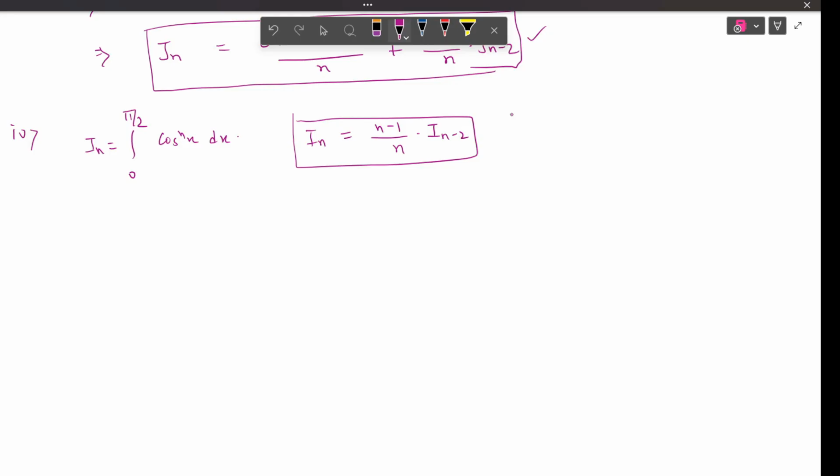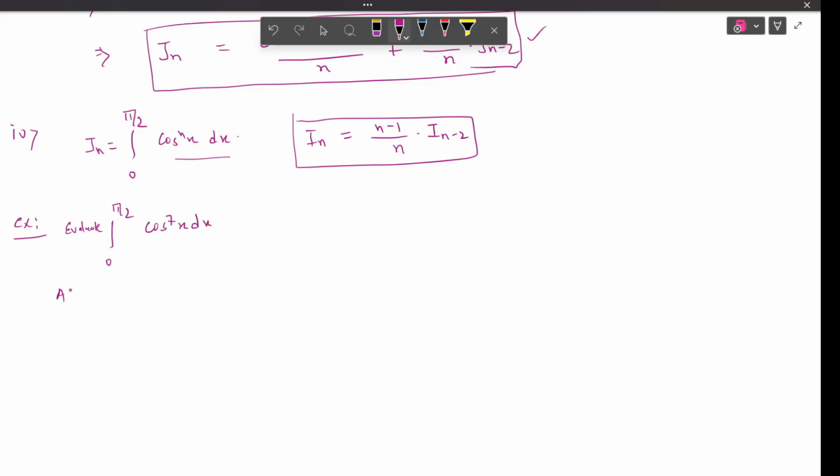So let us see one example regarding this. Let us say we have to evaluate integration 0 to pi by 2 cos to the power 7 x dx. So it is in the same format.